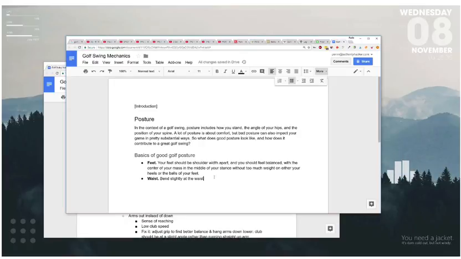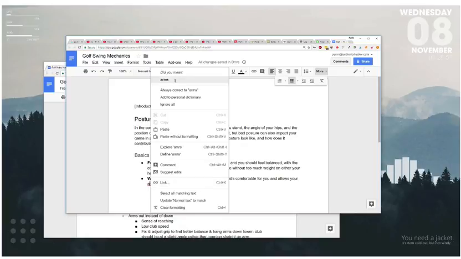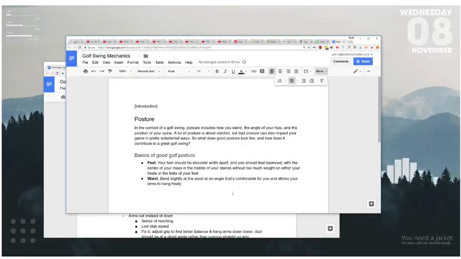At an angle that's comfortable for you and allows your arms to hang freely and allows your club to reach the golf ball comfortably.